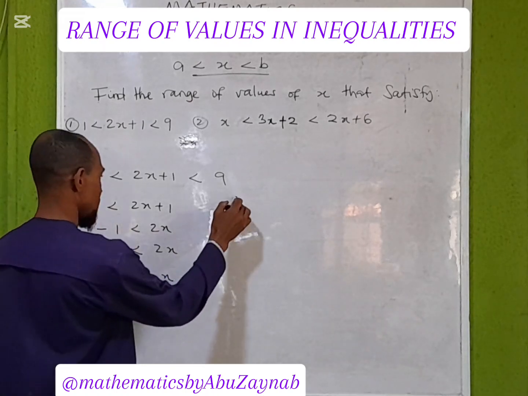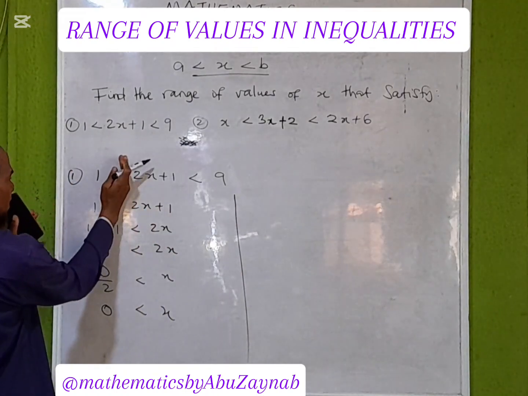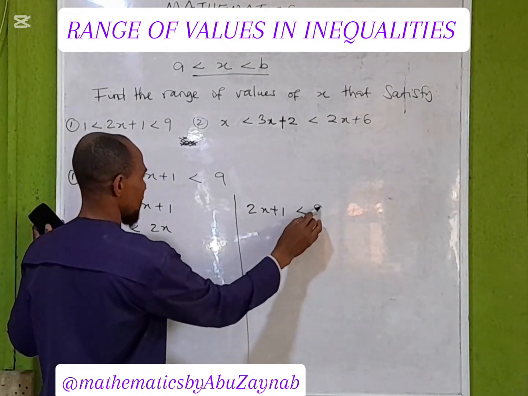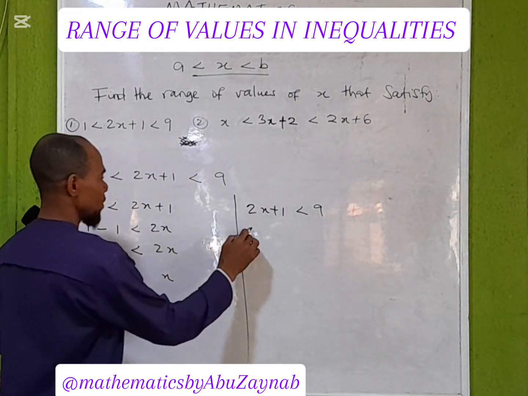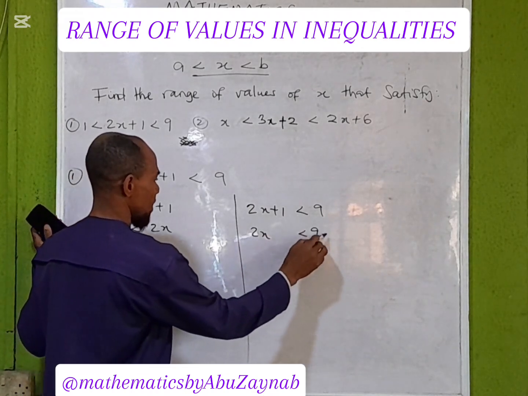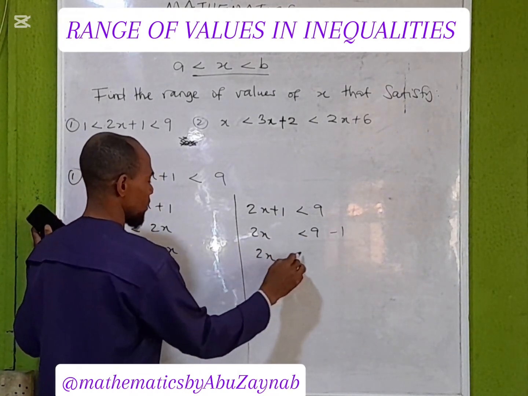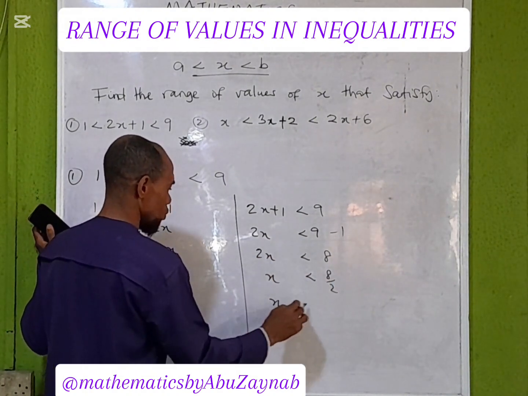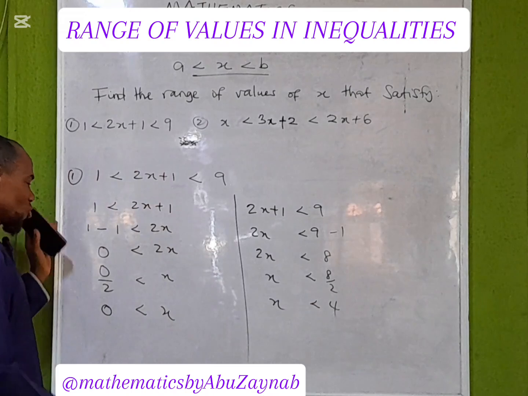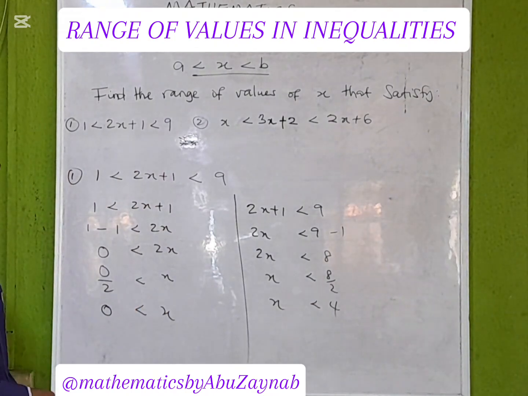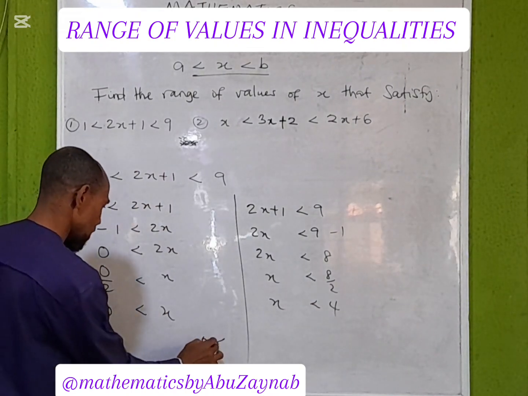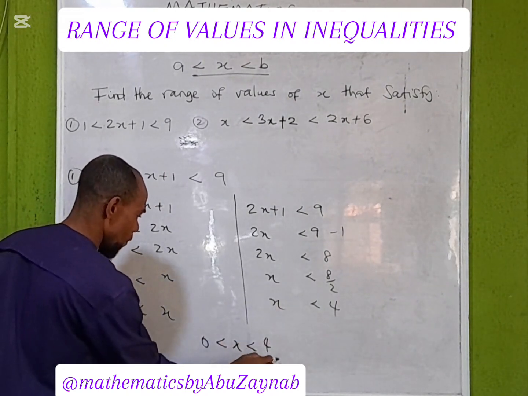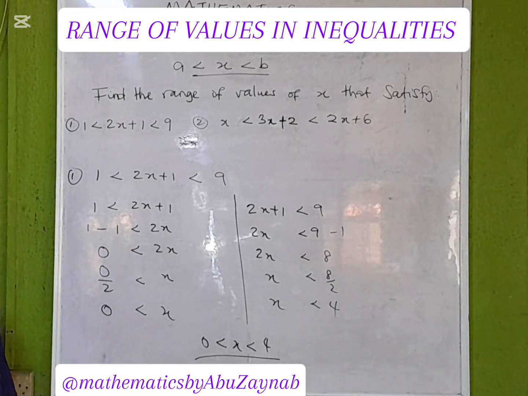The second part, we similarly neglect the left part and go with 2X plus 1 less than 9, which means 2X less than 9 minus 1. So 2X is less than 8. Therefore, X less than 8 over 2, which is 4. So we now merge these two solutions, leaving us with 0 less than X less than 4, and that is the answer.